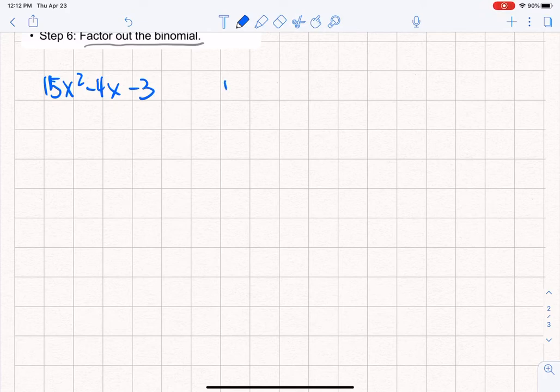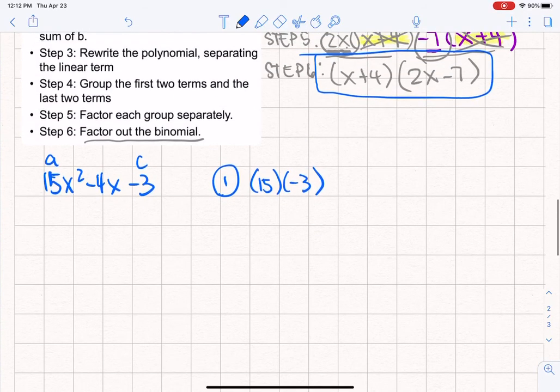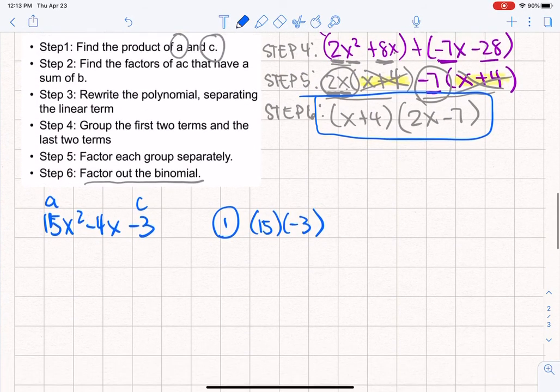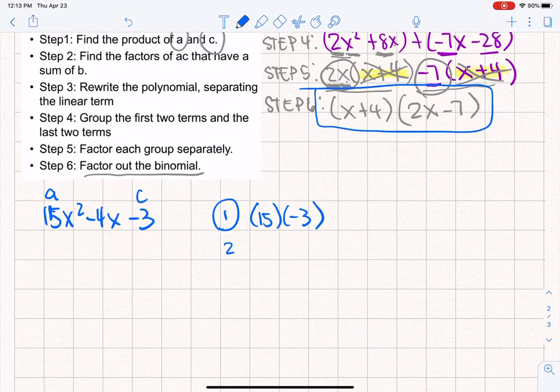All right, so step 1 says to multiply a and c. This is a, this is c, so I'm going to do 15 times negative 3. Step 2 says to find the factors of a and c that have a sum of b. Well, when I multiply, this gives me negative 45. So I have negative 45 and something that adds to this friend here, negative 4.